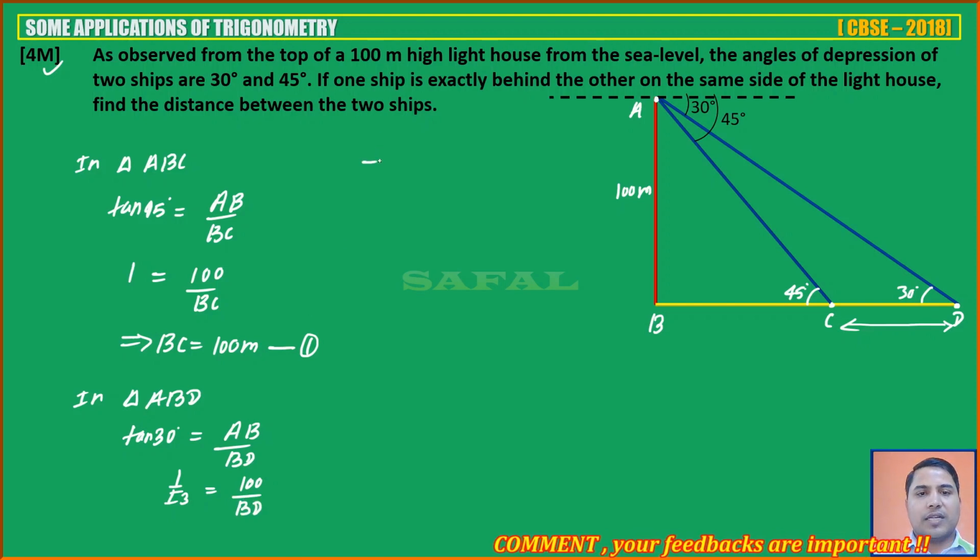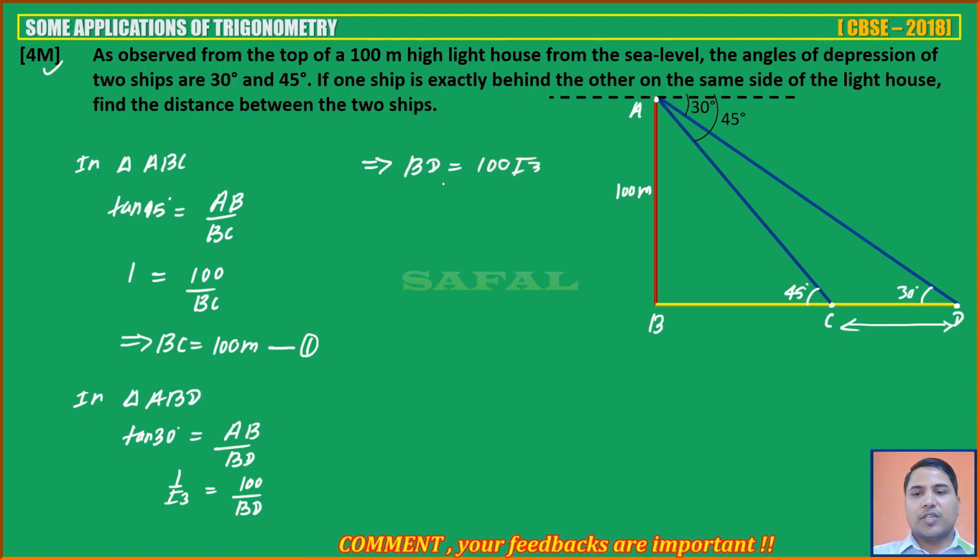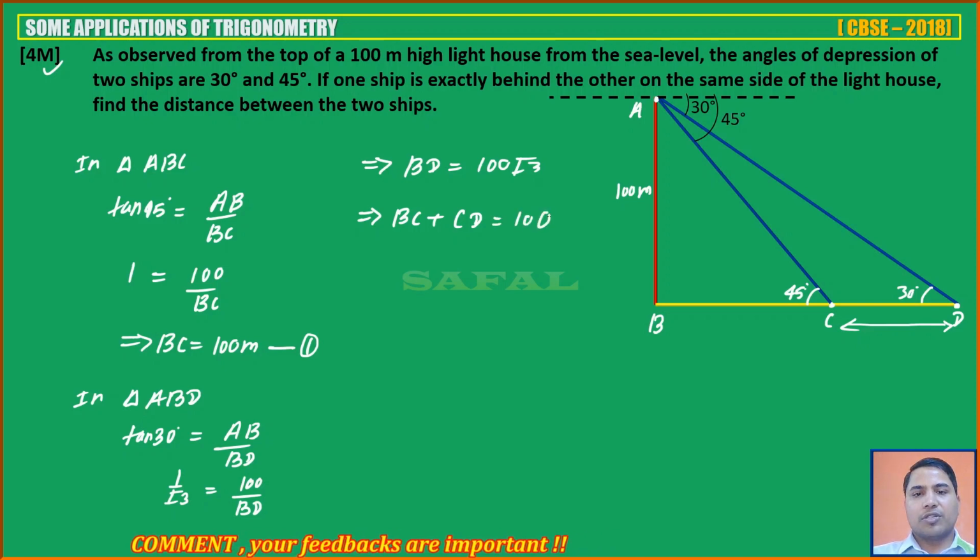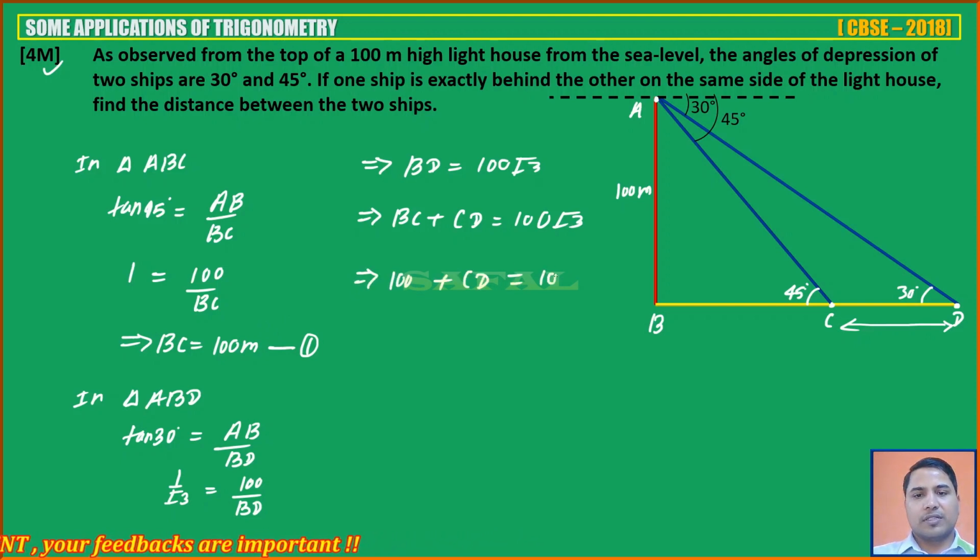So on cross multiplication I'll get BD equals what? 100 root 3. Okay. Now BD is having two parts, BC and CD. So I can write BC plus CD equals what? 100 root 3. Now BC we have found. So BC is what? 100. So 100 plus CD equals 100 root 3.